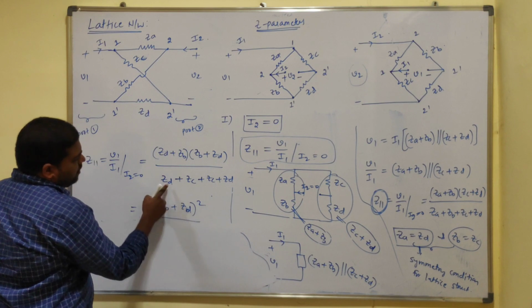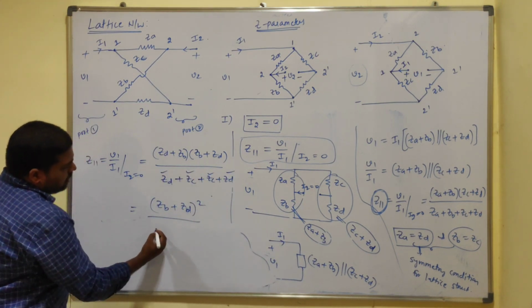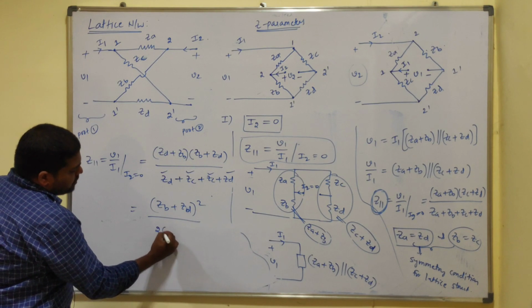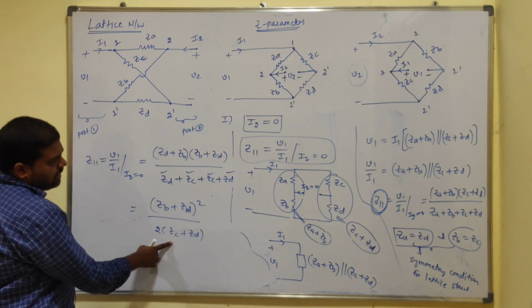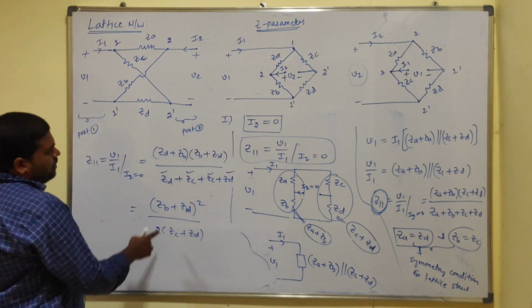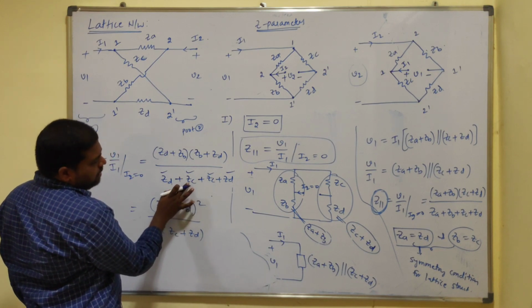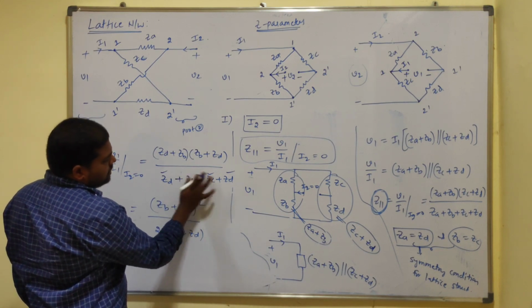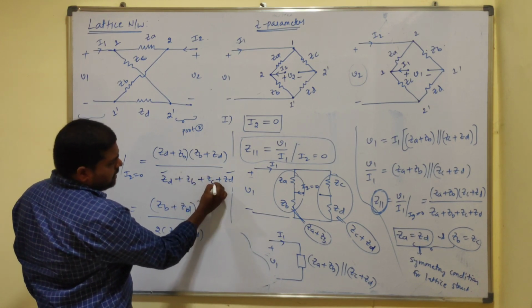Here we have two ZC elements and two ZD elements, right? So now you will get 2 times ZC plus ZD. This is ZB only, you can keep it ZB. This is ZC only, right?